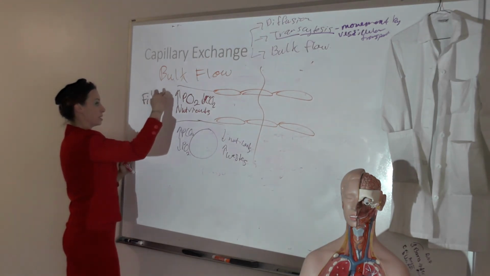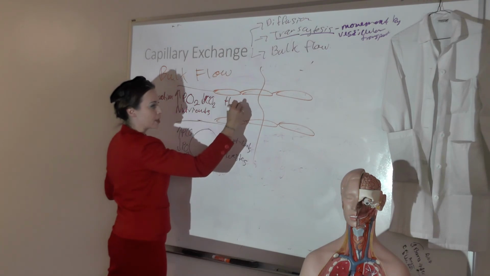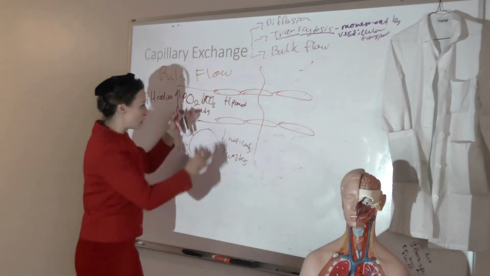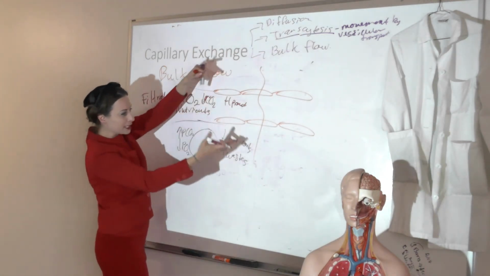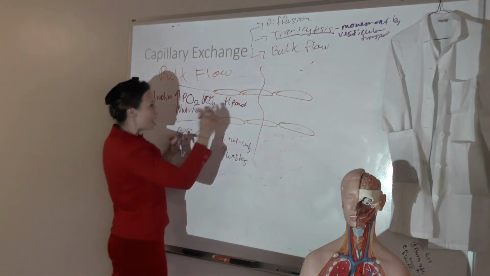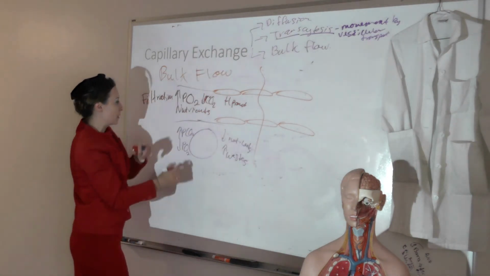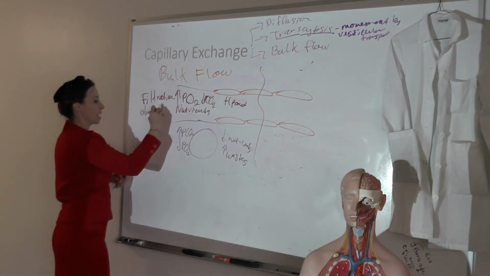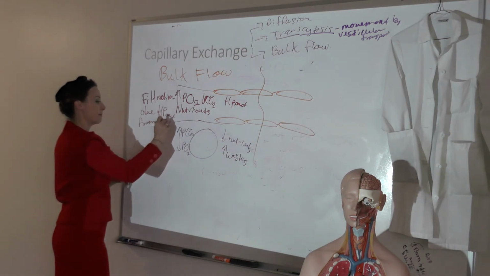This is due to the hydrostatic pressure out, which is coming from ventricular systole. When you get here, you still have some pressure from the heart contracting. When you get into the capillaries, we're going to disperse it, but that's what's going to push all of this fluid out on the arterial side. So we could say this is filtration due to hydrostatic pressure out from ventricular systole.